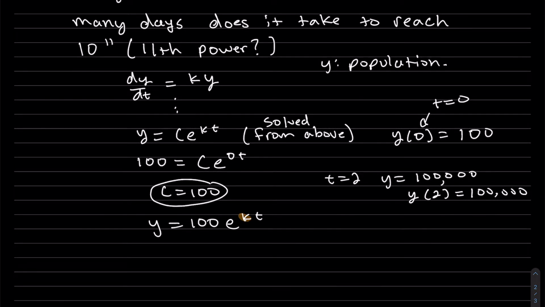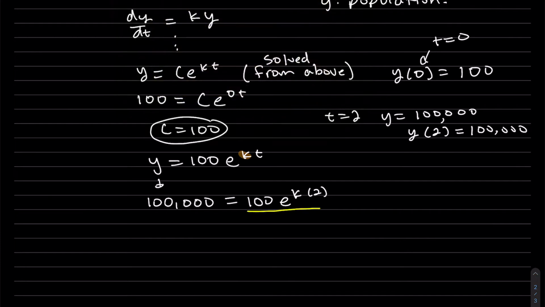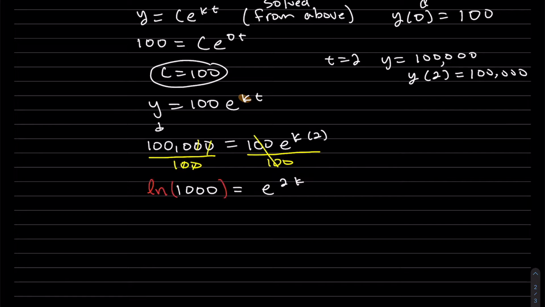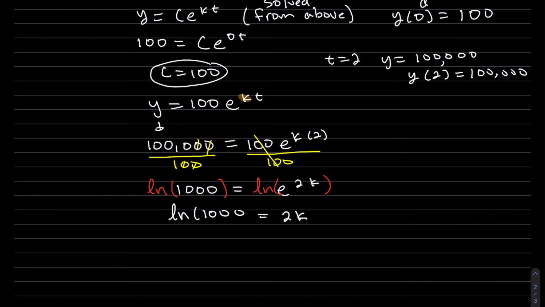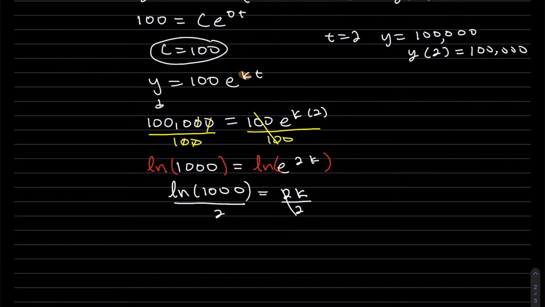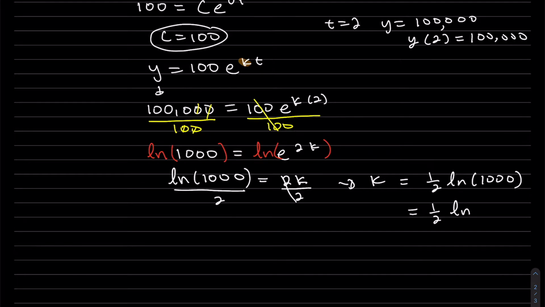So plug that in to find k. 100,000 equals 100 e to the 2k. Doing a little algebra, this is 10 to the third power. That power rule can come in, so k is 3/2 natural log of 10.